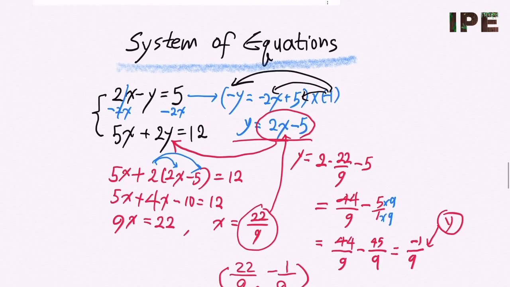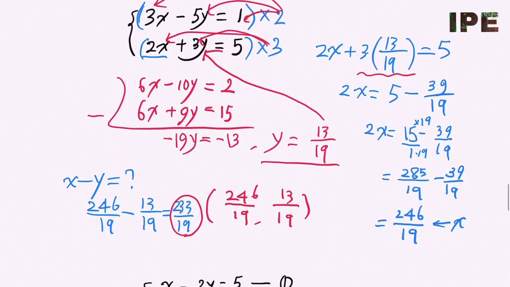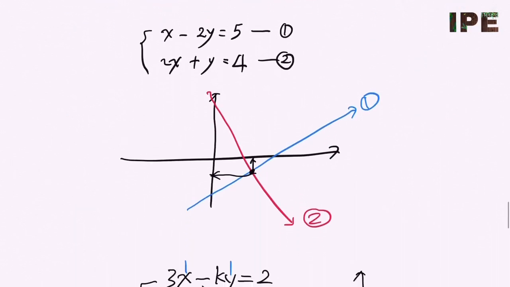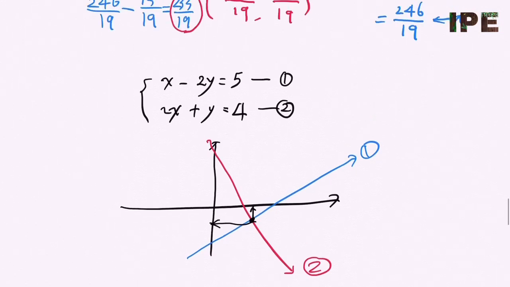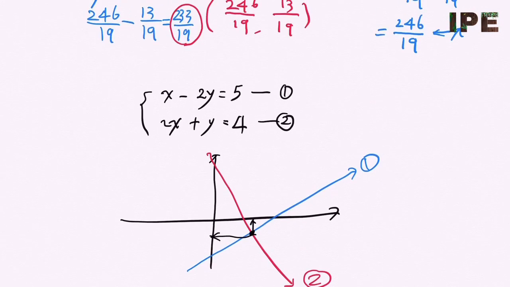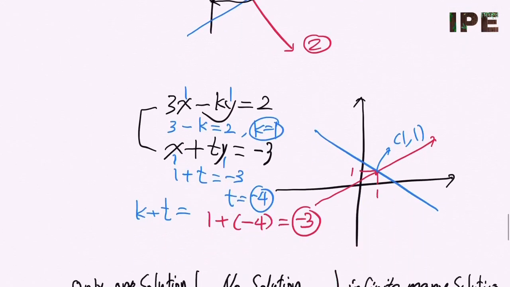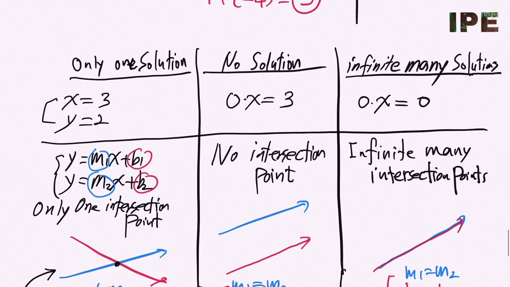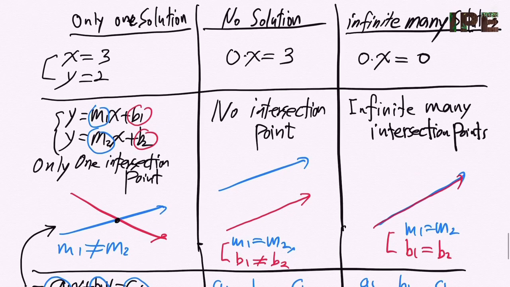Quick review. System of equations: you can use substitution or elimination. And then you have to understand the graph method. The intersection point, the xy coordinate, is the answer of the system of equations. There are 3 different types of solutions, right? One solution, no solution, infinitely many solutions. For a one solution problem, the slopes are different.